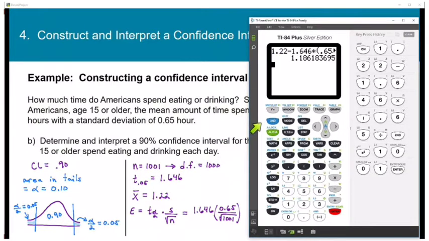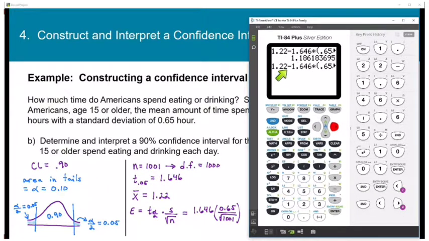So what we can do instead is hit second enter. And what that does is it brings up the last expression that we entered in the calculator, only you can only see the end of it, and the beginning of it has scrolled off to the left. Now I could scroll left one character at a time by hitting the left arrow key, but you can have it instantly go all the way to the left by hitting second left arrow, and then it's just a few clicks to get to that minus sign.